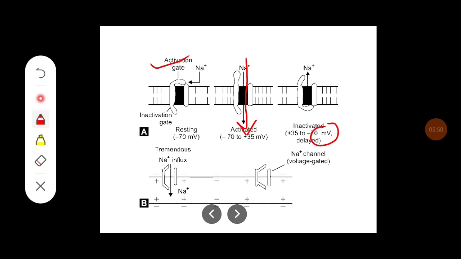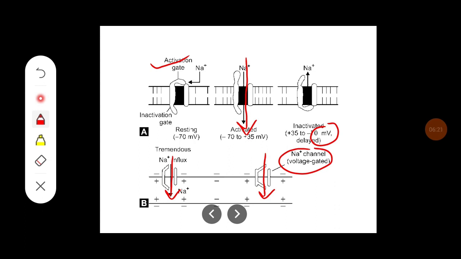When some sodium enters inside the cell, it leads to the threshold level, and at the threshold level it opens up the adjacent voltage gated sodium channels, and this causes a tremendous entry of sodium ions inside the cell, which leads to a massive change in the membrane potential.